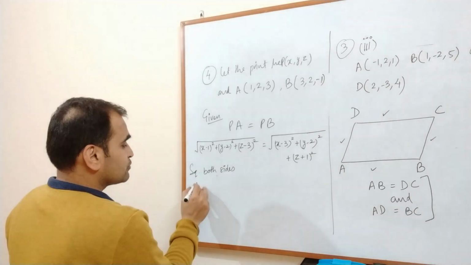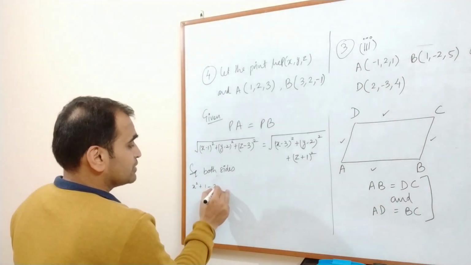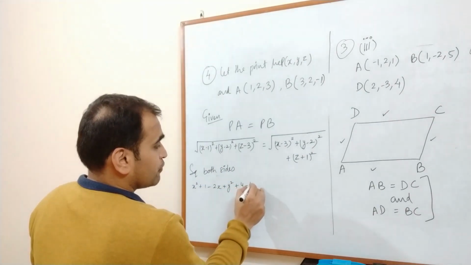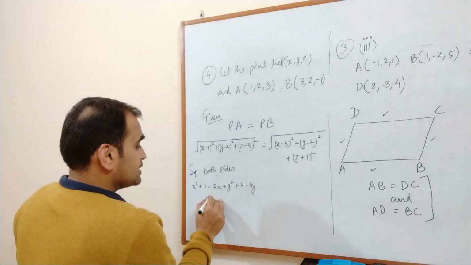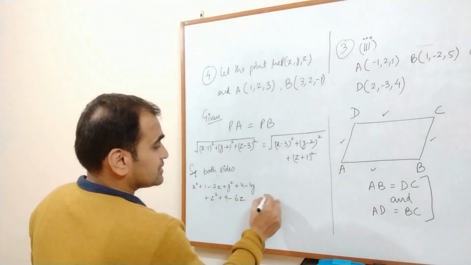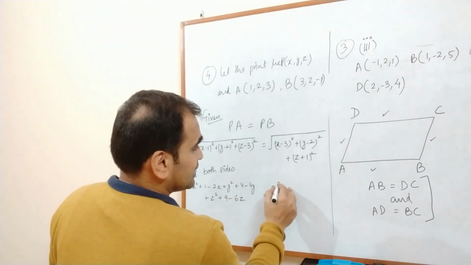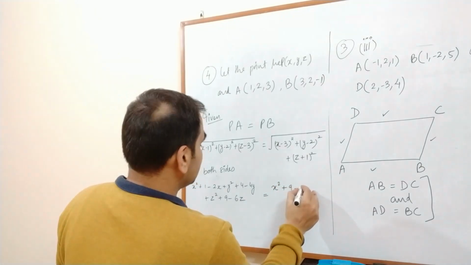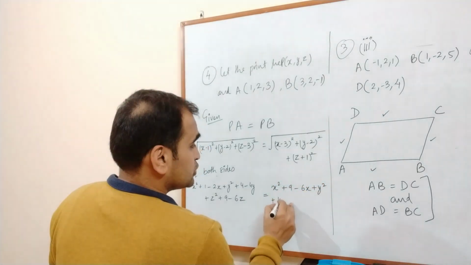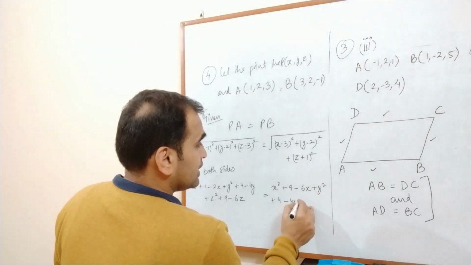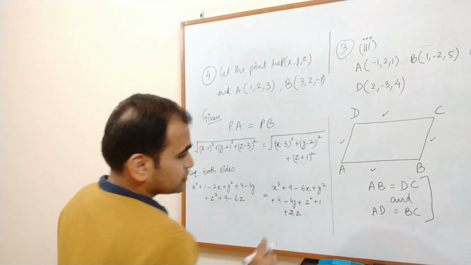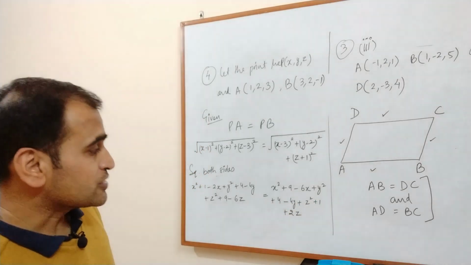So you will get x squared plus 1 minus 2x, y squared plus 4 minus 4y, plus z squared plus 9 minus 6z, is equal to, on the right hand side, x squared plus 9 minus 6x, y squared plus 4 minus 4y, and plus z squared plus 1 minus 2z. So here we opened the squares.